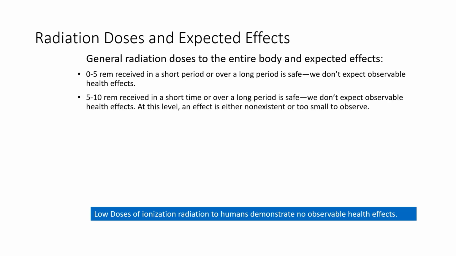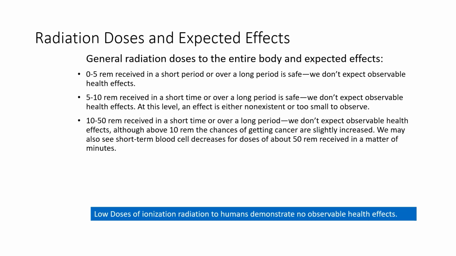If we receive a dose of 5 to 10 REM in a short period of time or over a longer period of time, it is also generally safe. We don't expect observable health effects. At this level, an effect is either non-existent or too small to observe.